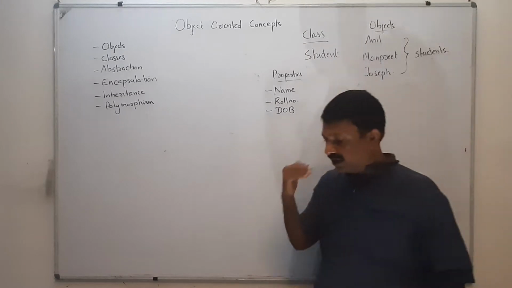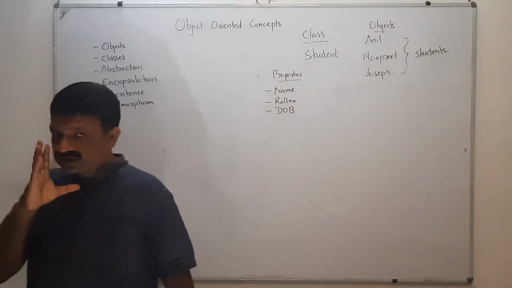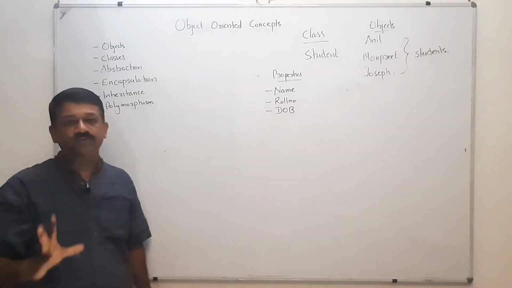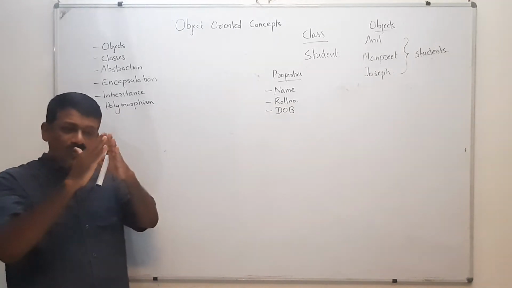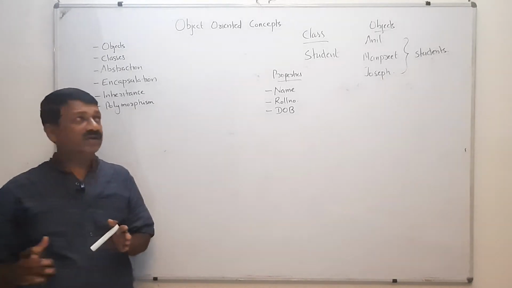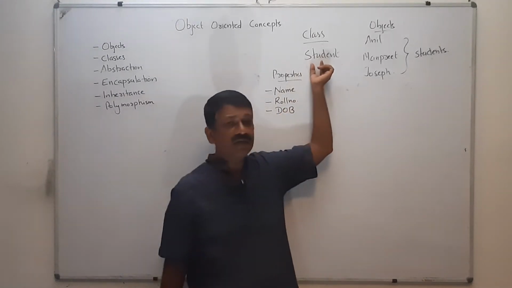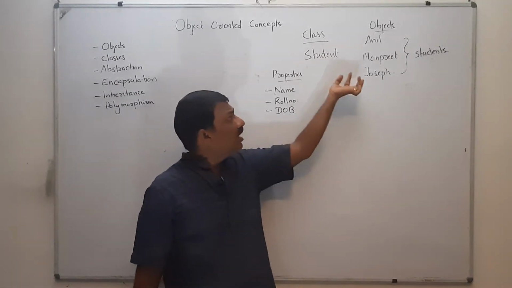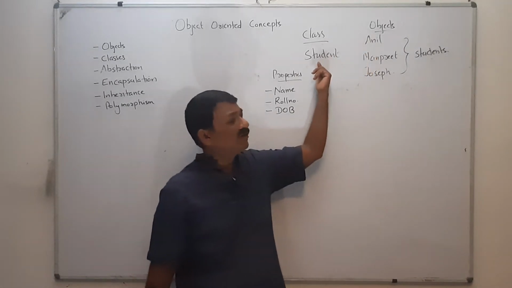That means every real world entity which you can see is an object, and you can group your objects into a set of classes. For example, this is an object created from this class.